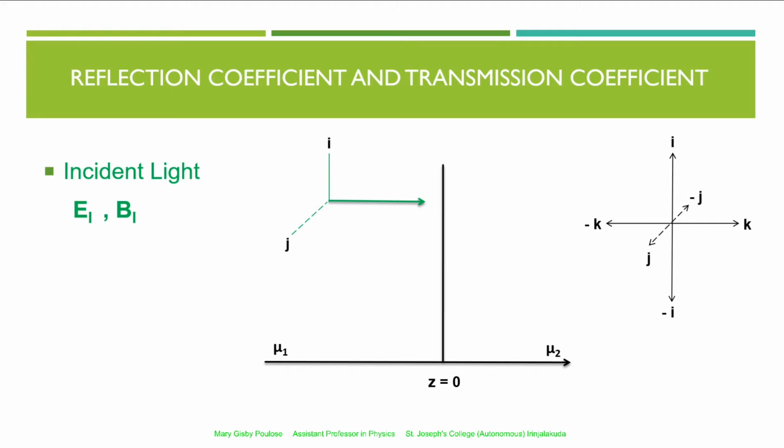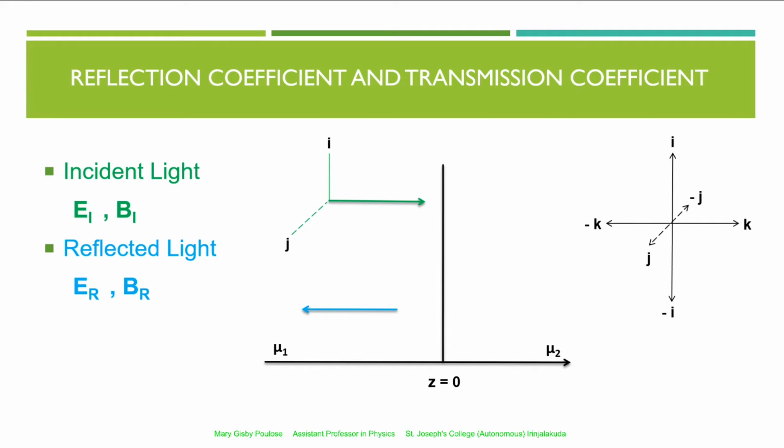Okay, let the electric vector be along the i direction and the magnetic vector be along the j direction. Light falling upon the boundary will get reflected, and the components describing the reflected light are electric vector ER and magnetic vector BR.